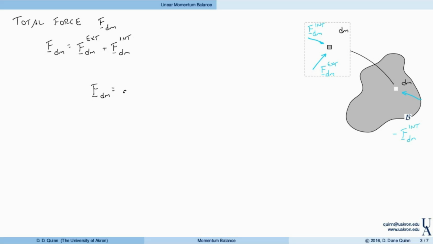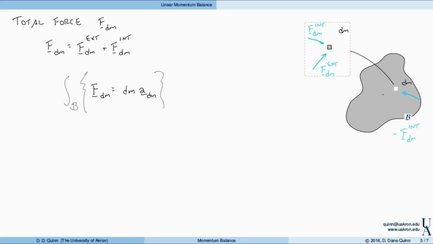F dm is dm times a dm, and we will integrate that over the entire object. So I'll take all of these little equations of linear momentum balance for every single particle and I'll add them together.